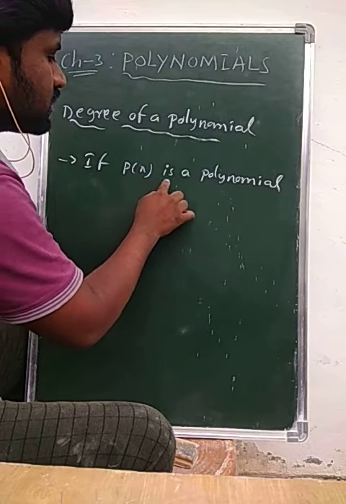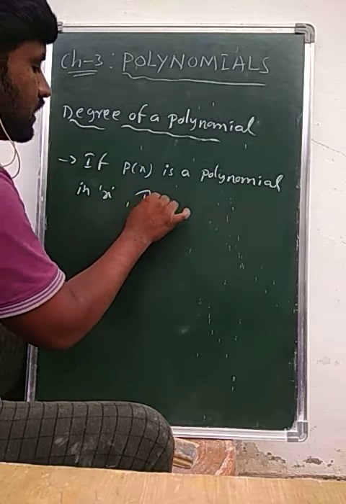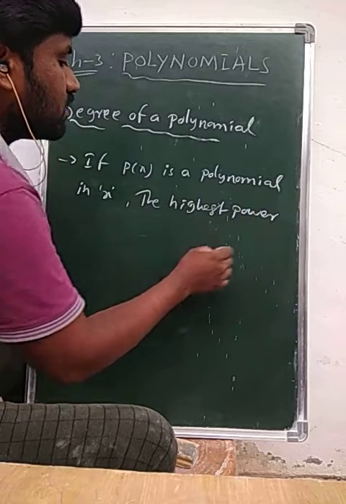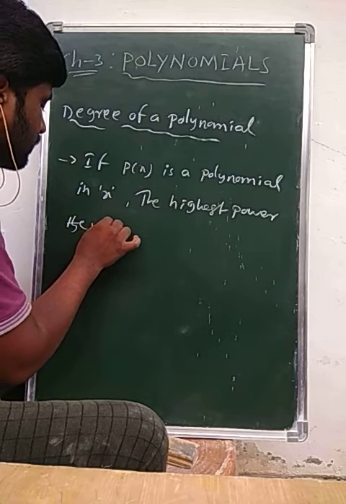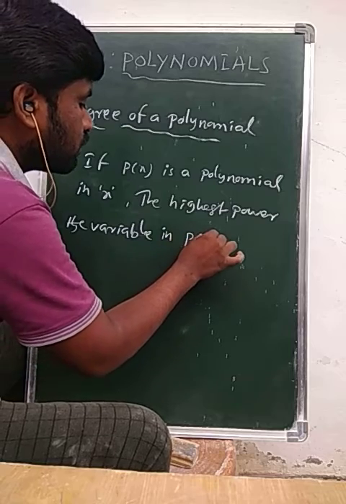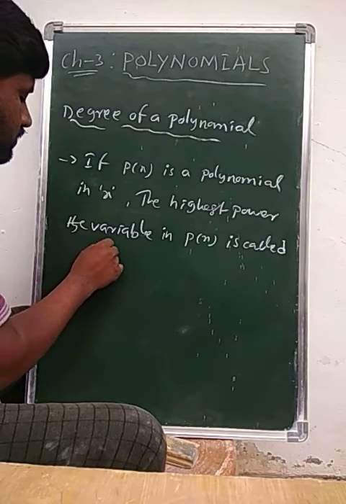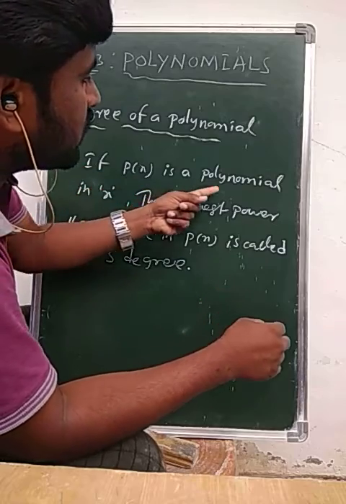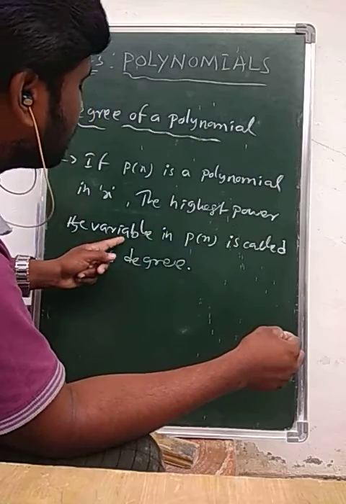If p of x is a polynomial in x, the highest power of the variable in p of x is called its degree.